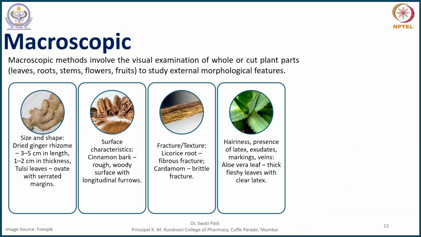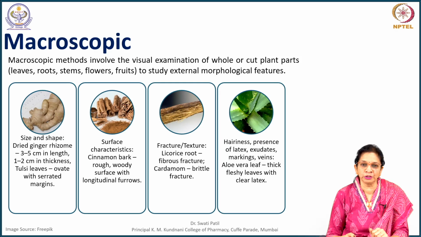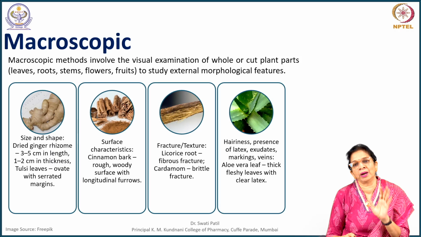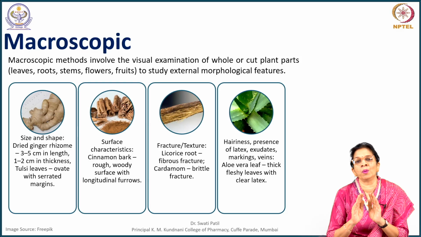Looking at the macroscopic visual examination, we check whether the plant part is whole or a cut plant part. So, we can make out whether it is a leaf, a root, a stem, a flower or a fruit. From childhood we all know how a leaf looks.